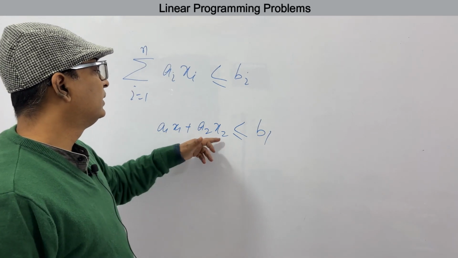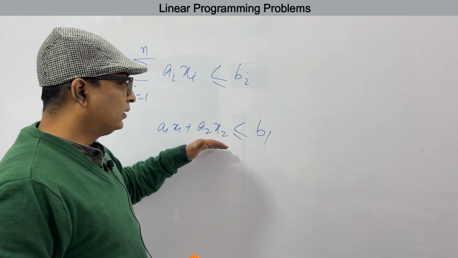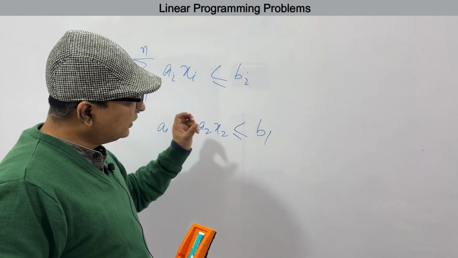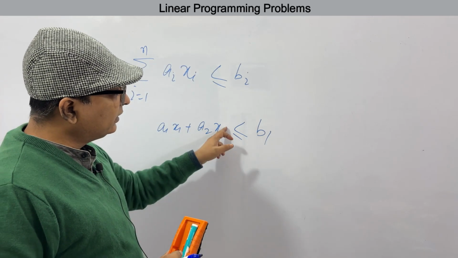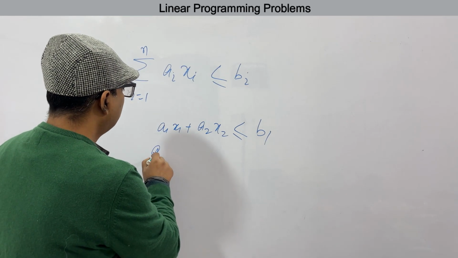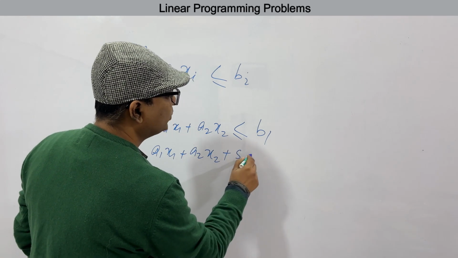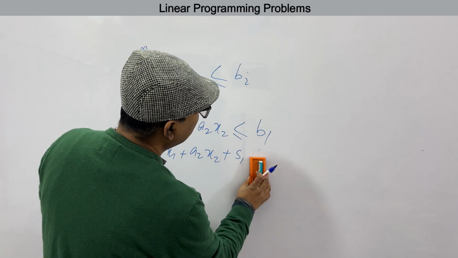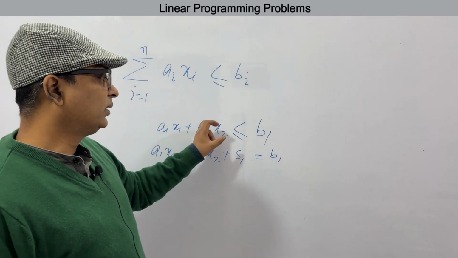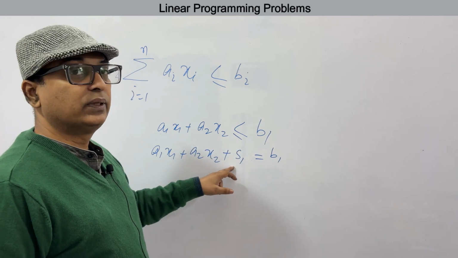This means if we add some quantity, this is always less than this, or at the most it can be equal to this. So if a certain variable is added to it, this can be an equation like this: a1 x1 plus a2 x2, and let's say we add s1 to it, then this will become equal to b1. By whatever quantity this was less than b1, we have added to it.